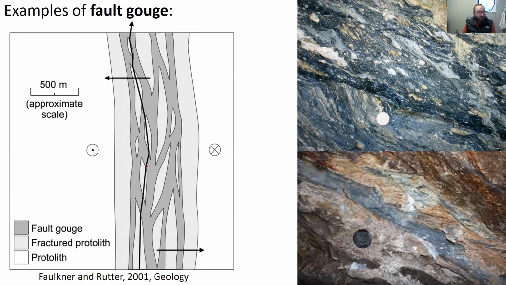So though there's no orientation of clasts, like the clasts don't have an imbrication to them, or an elongation or stretching direction or metamorphic foliation necessarily, fault zones often have what we call an architecture to them, meaning there's often a fault zone core, like in this picture, the gray area, which is our fault gouge, and then the less gray areas, the fractured protolith, and outside of that is unfractured protolith.